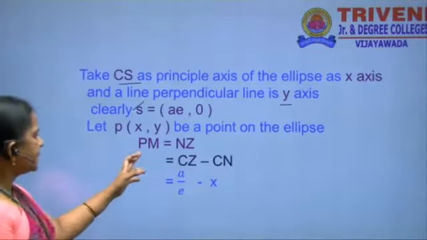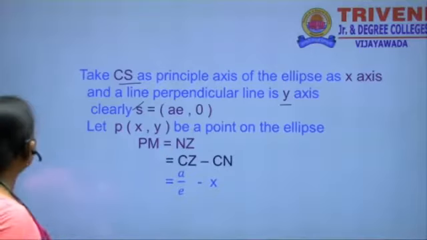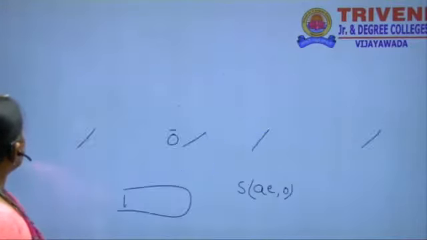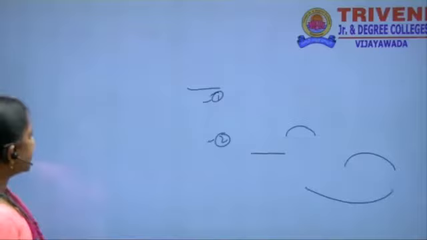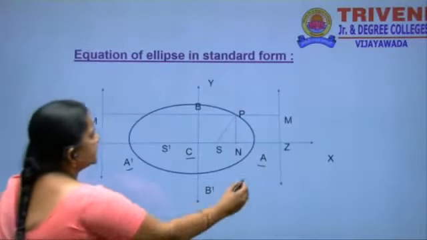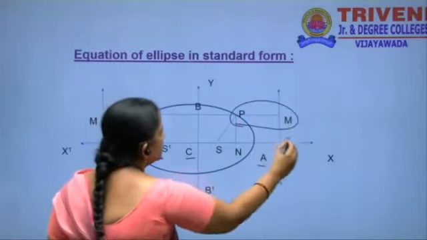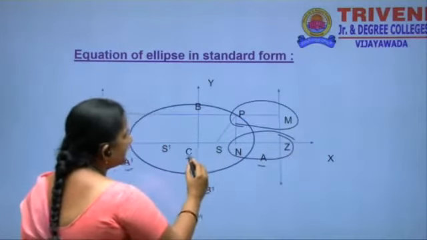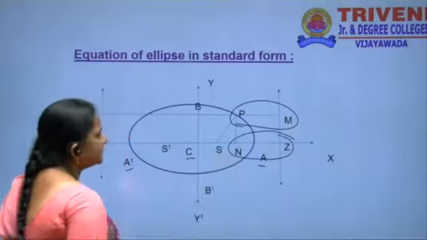In the diagram, PM is equal to NZ. NZ can be written as CZ minus CN.